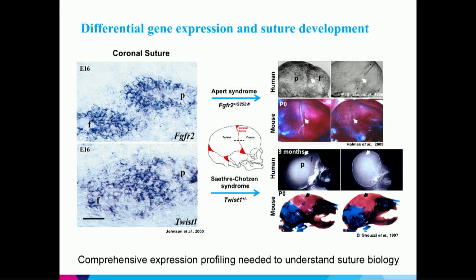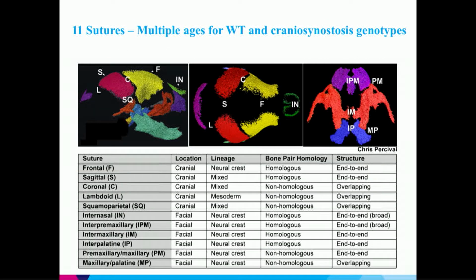Interestingly, for both of those syndromes, we also have mouse models that recapitulate the phenotype that we see in humans very well. Of course, these are just two of the genes, and we know that many other genes are going to be involved in suture development. So what we set out to do several years ago was a very comprehensive profiling of craniofacial sutures.